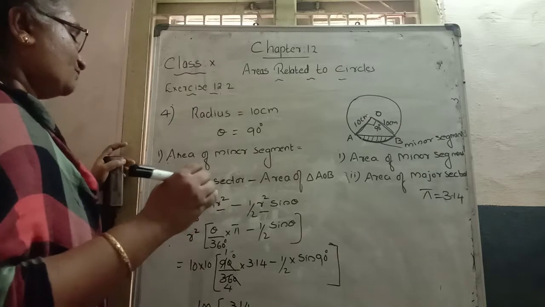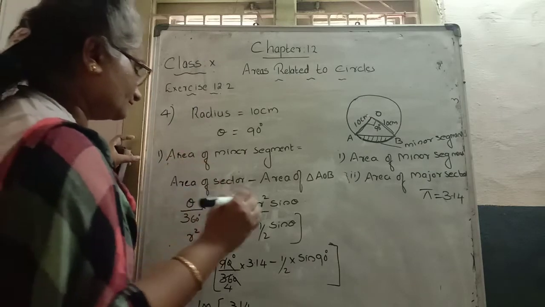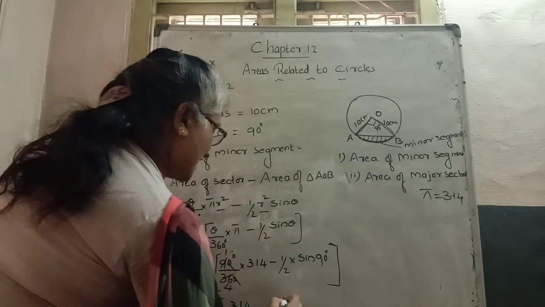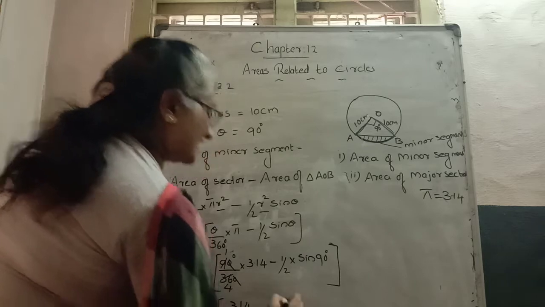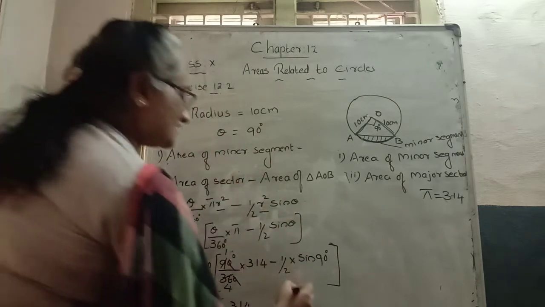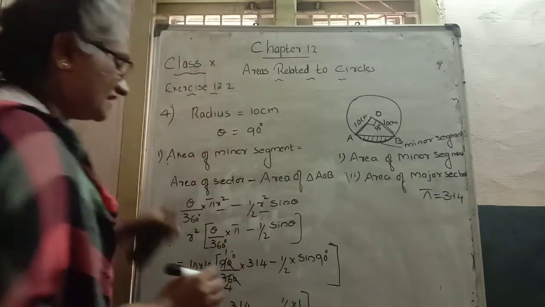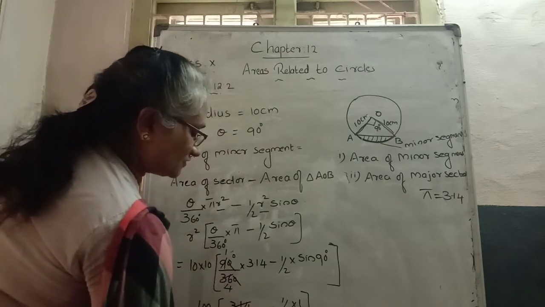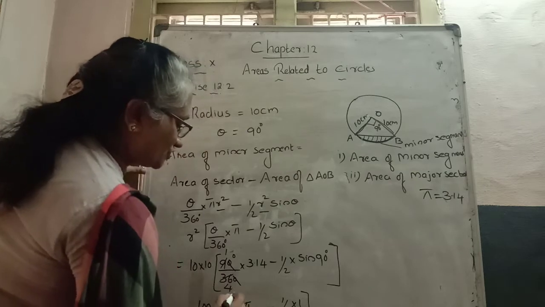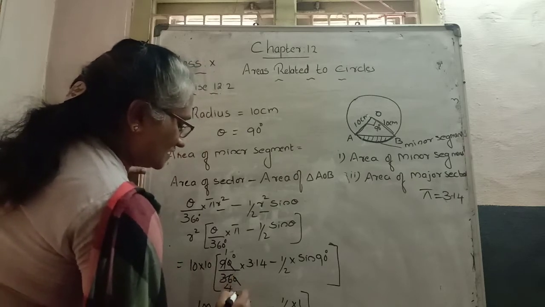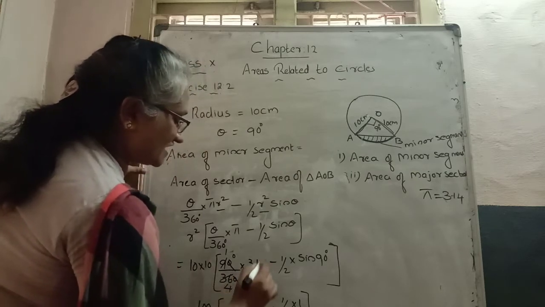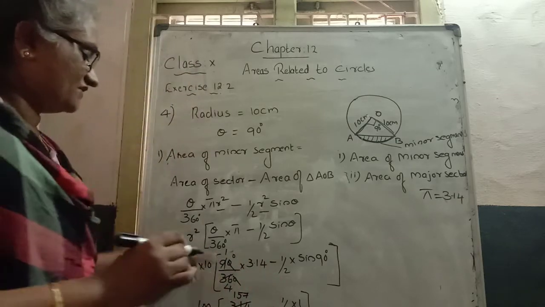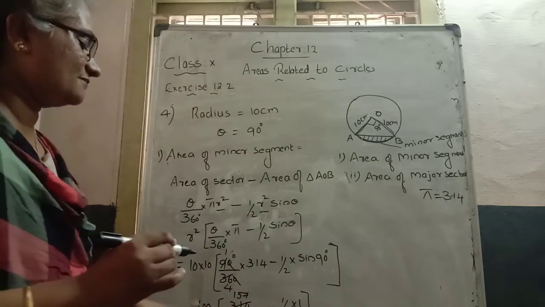Then minus half into sin 90 degrees, which is 1 only. Again cancellation is possible: 2 twos are 4, so 314 by 400 becomes 157 by 200.